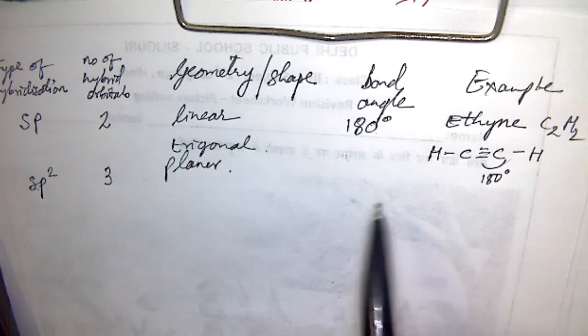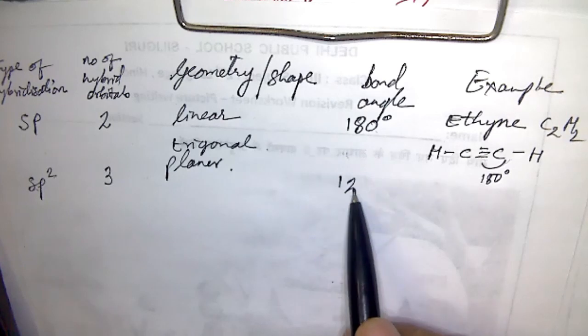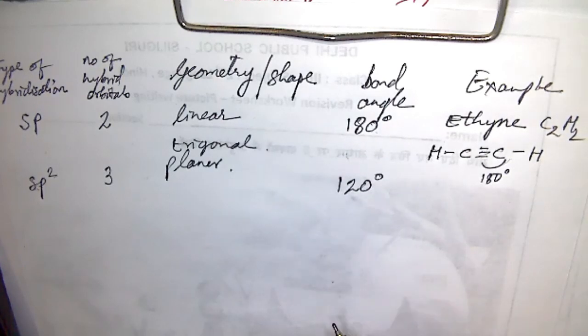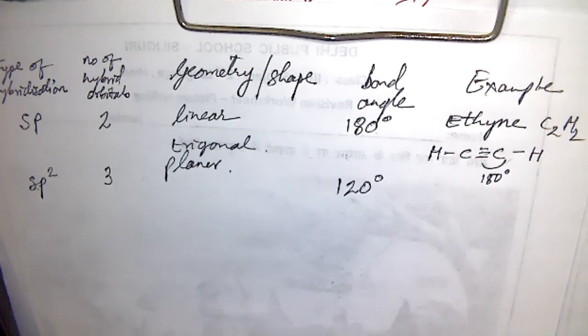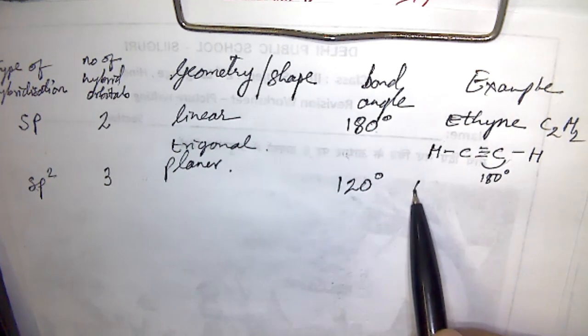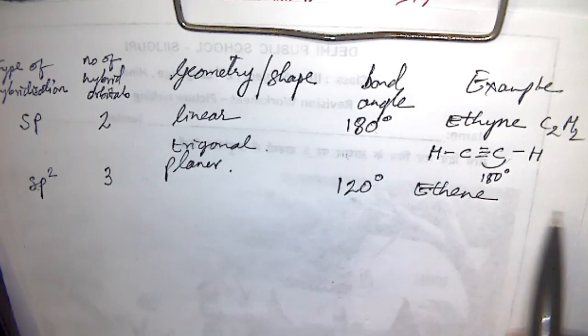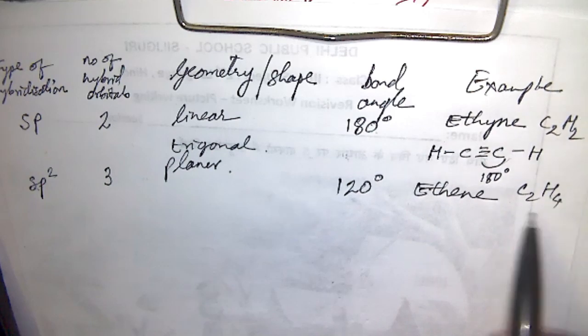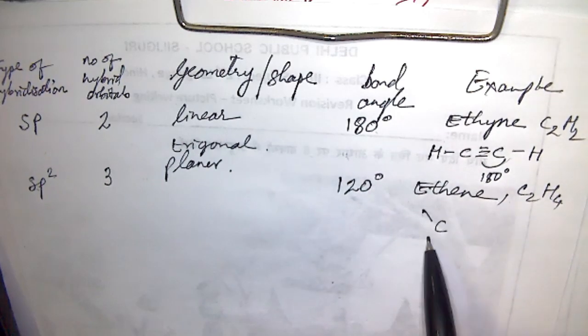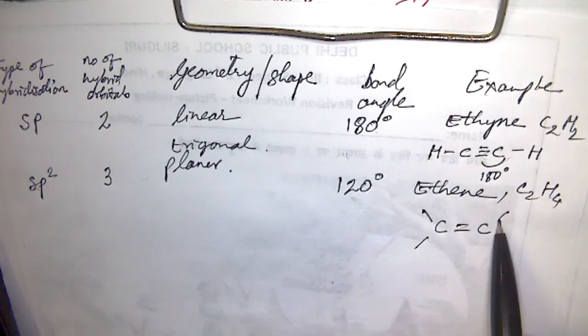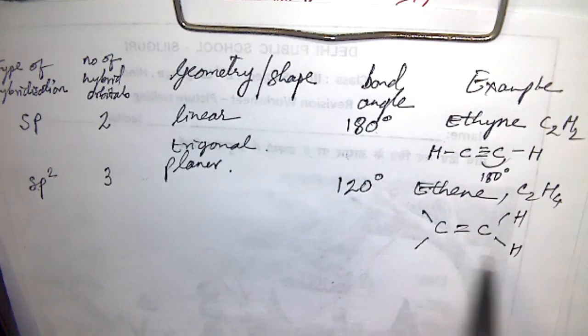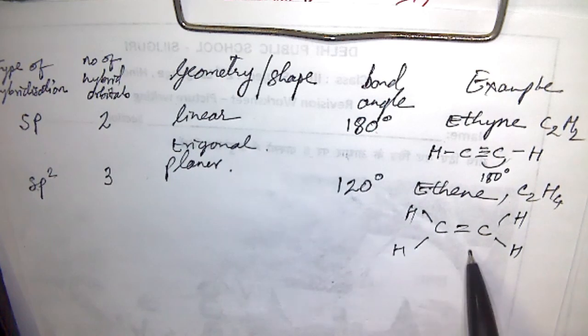This will have a bond angle. Here the bond angle will be 120 degrees. And an example we can take is ethene. Ethene is C2H4. C2H4, if you see, it is like this. So these angles, how much?